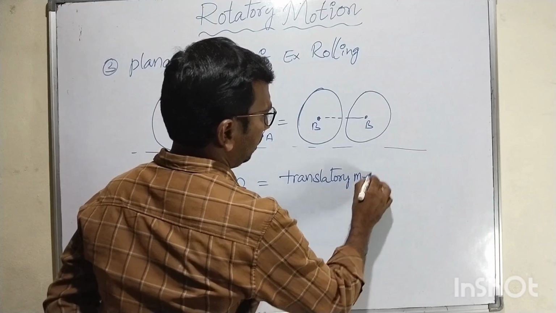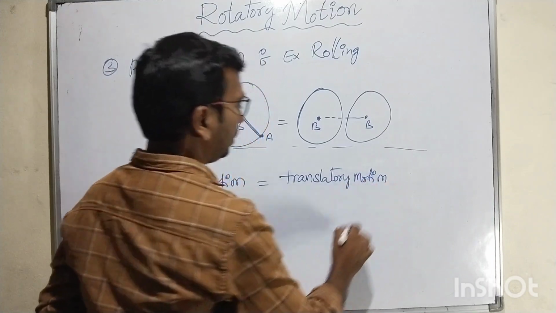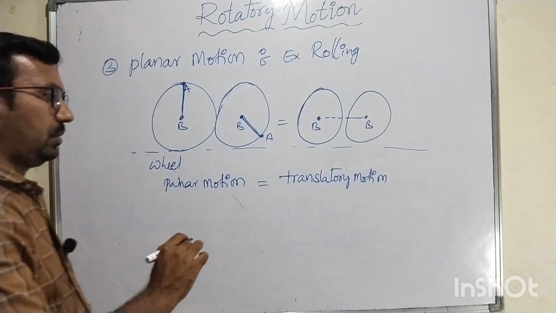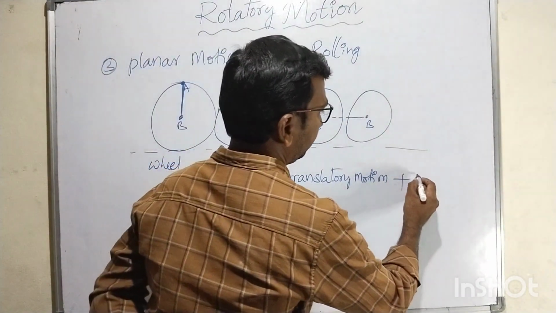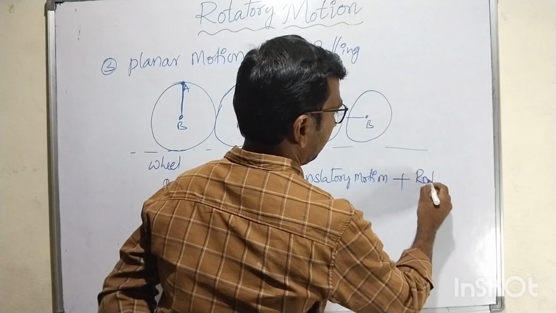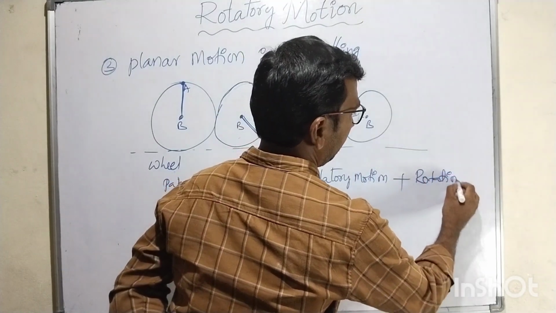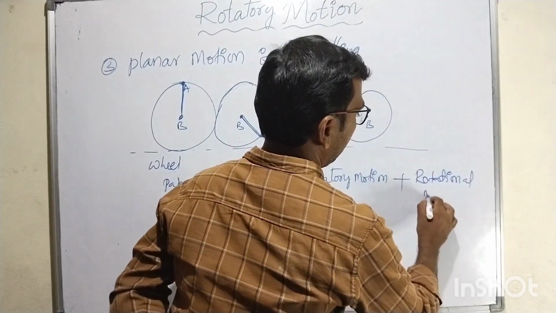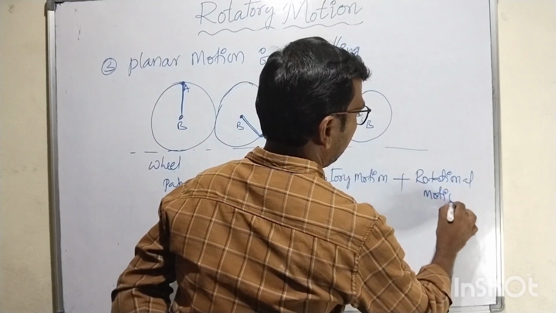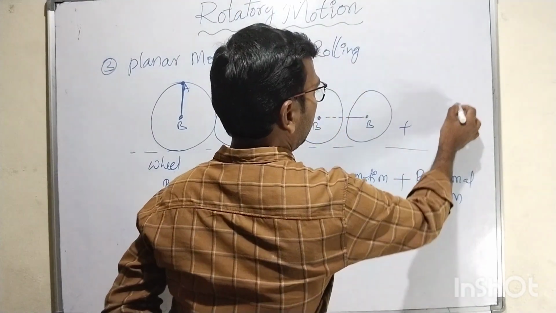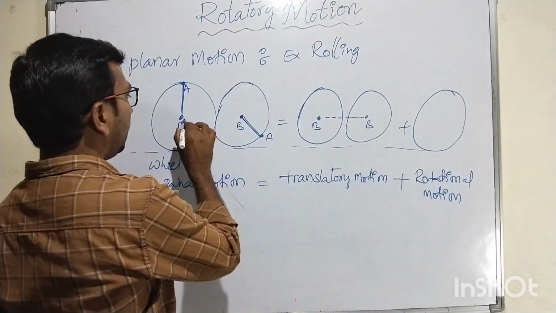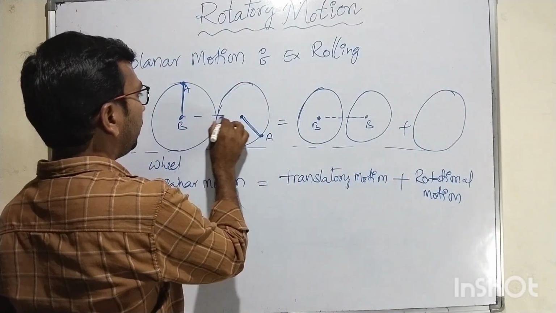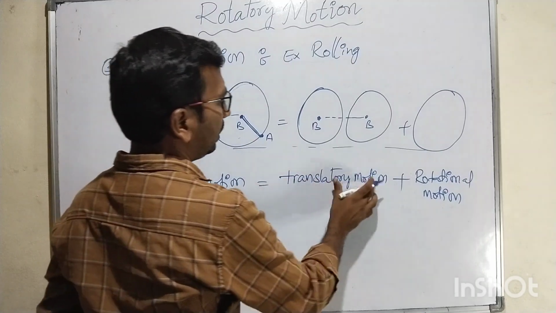Planar motion includes translatory motion, as well as rolling motion, as well as rotational motion. Suppose the center of the wheel is here; B is moving like a translatory motion.